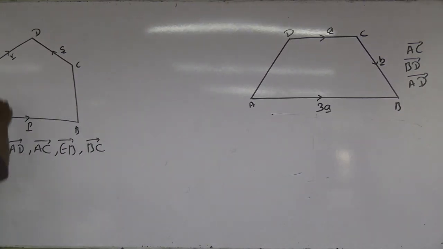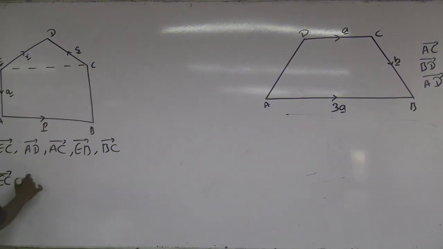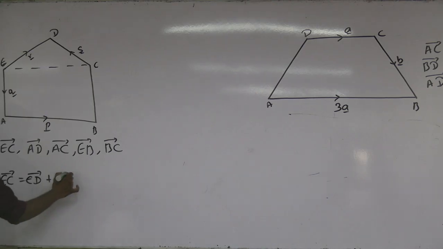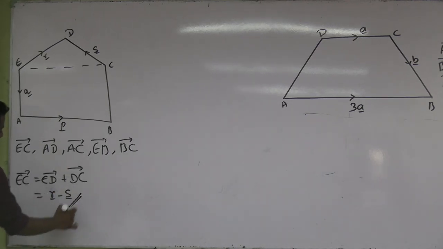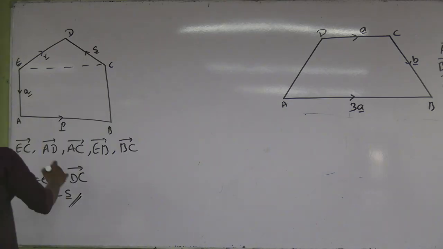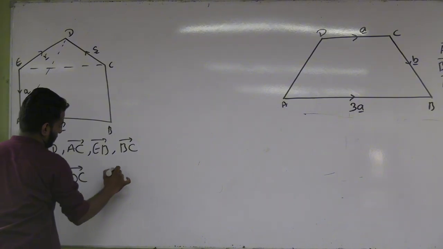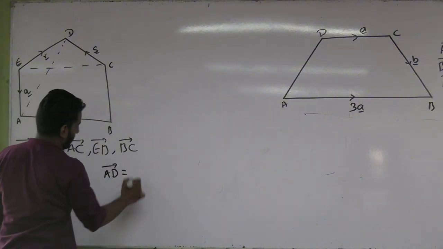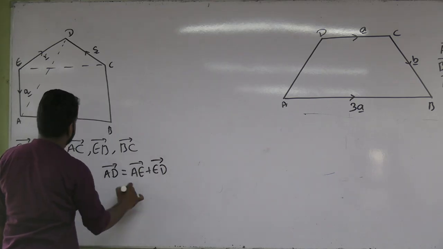Right. So we'll write EC. EC equals ED plus DC. So ED is R minus S. And the vector AD, we can write AD equals AE plus ED.